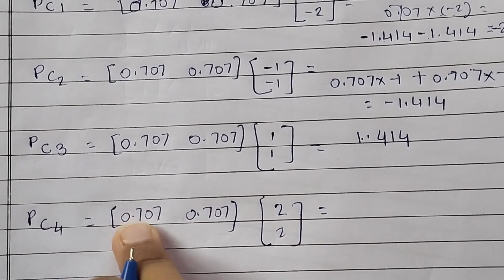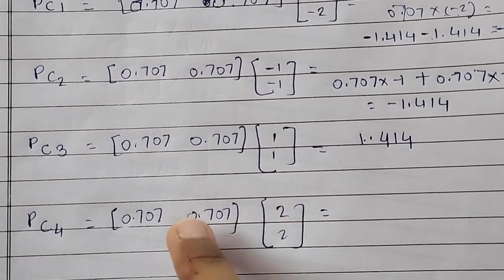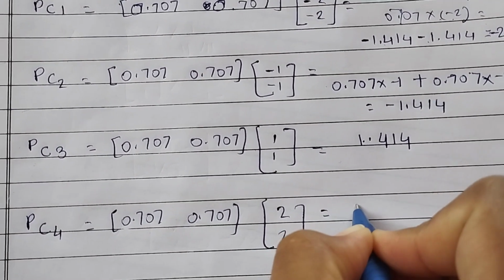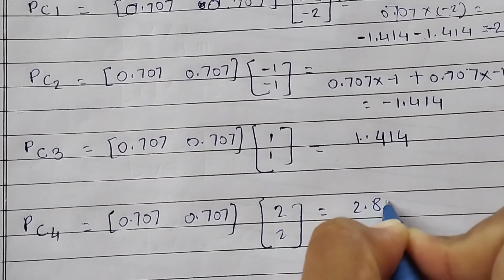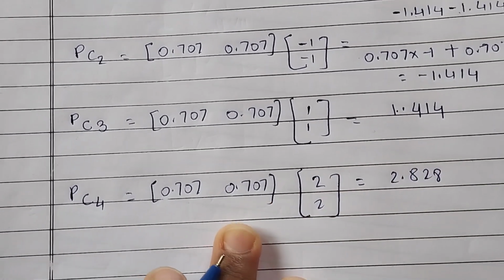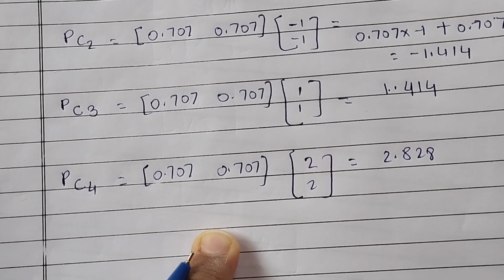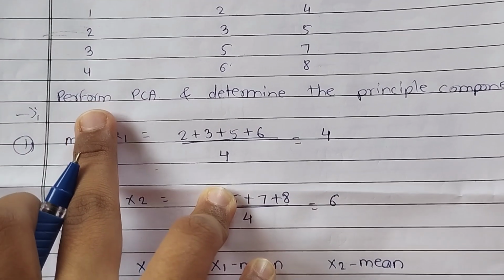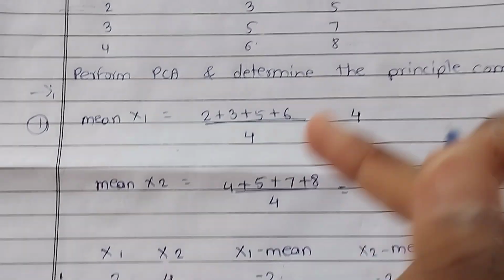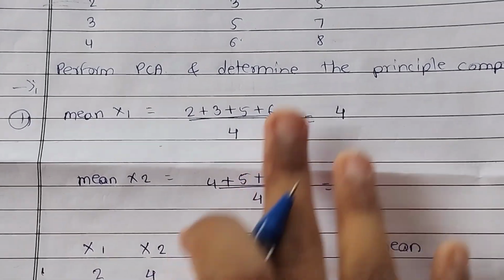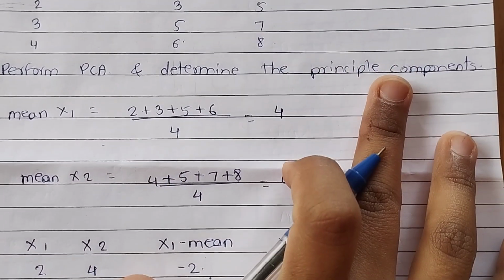Same for 0.707 into 2, 0.707 into 2, and just add them. So we get 2.828. Now which value do we consider for the principal component? See the question: perform the PCA. So this is all the PCA which we perform, and determine the principal components.